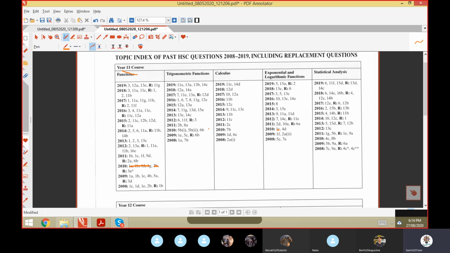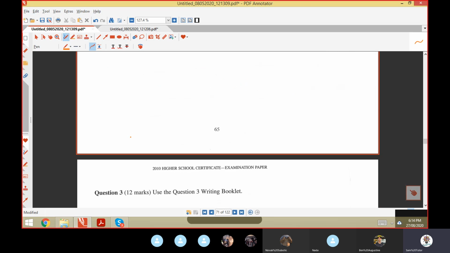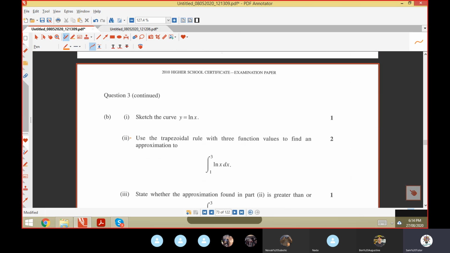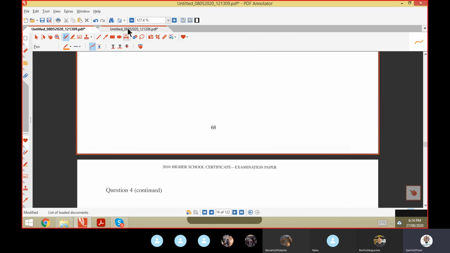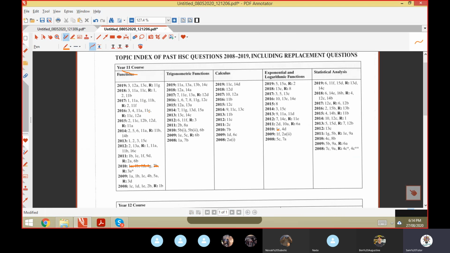4D, 4C. Yep, that's the one we're up to. 4C, 4D, let's see what's happening. Question 4, C. And obviously you now know how to read this. So this is like a little index. When I send this to you, this will be an index. It just says all the functions, all the years by topics and then the question numbers. So that's how you're reading it.